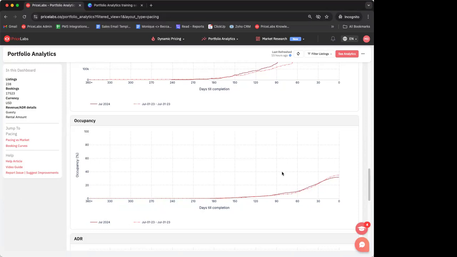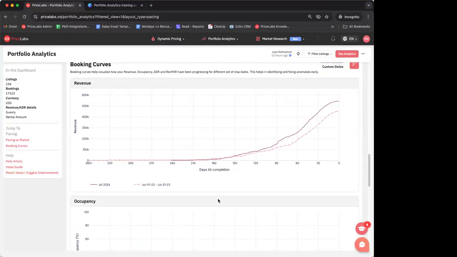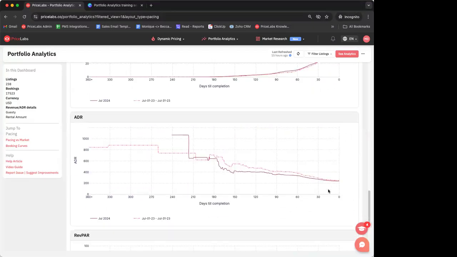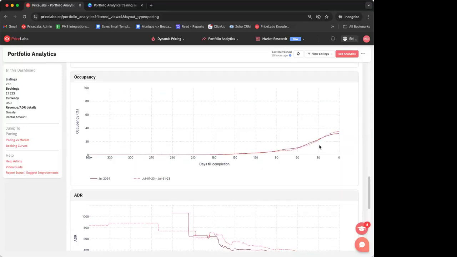I know it kind of covers a lot. Keep in mind, you do have your help articles down here. In the help articles, we go a little bit further into detail on what the data actually can infer. For example, if your occupancy is starting to outpace the market, it may mean that you have an opportunity to increase prices, because you're probably booking a little bit ahead of what other people are typically doing with their booking window.